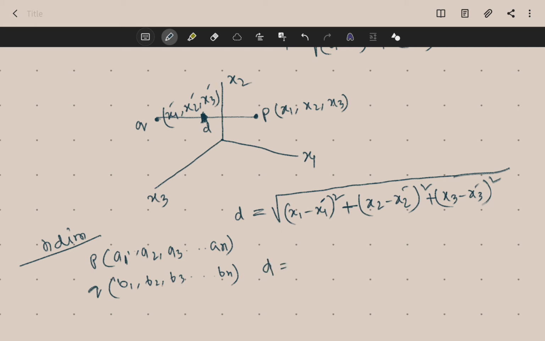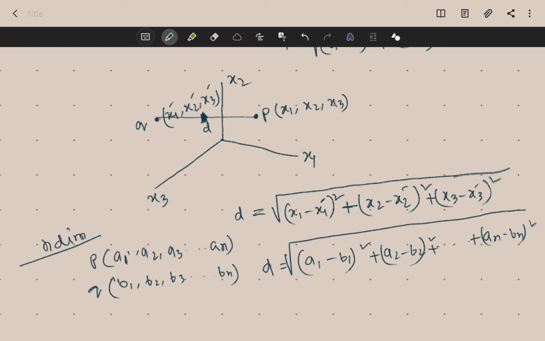So how can I write the distance? Very simple: a1 minus b1 squared plus a2 minus b2 squared, and it will go till n, an minus bn squared.